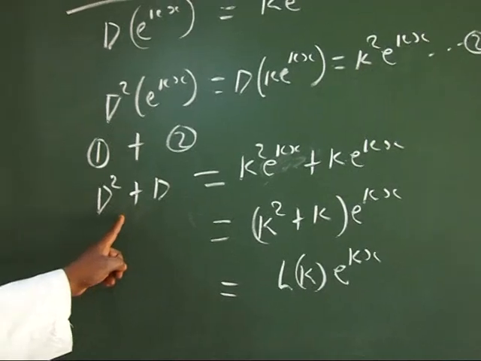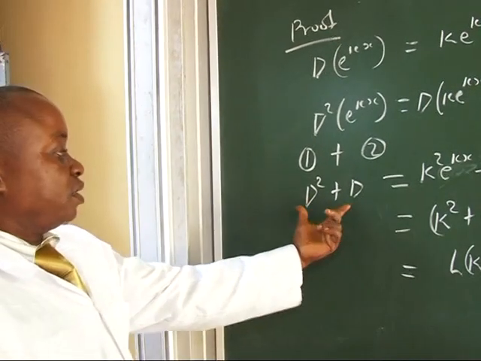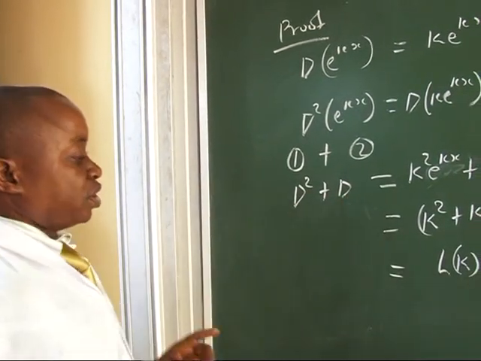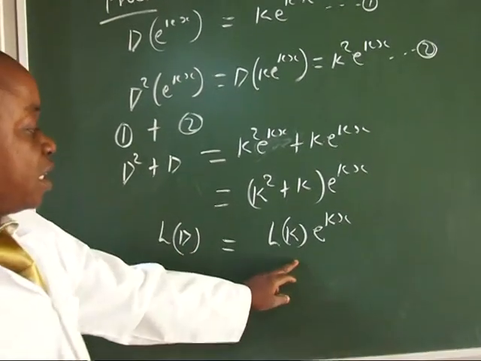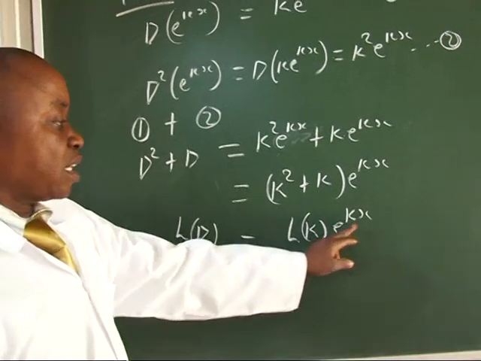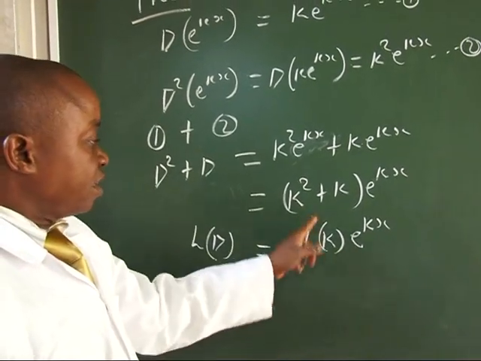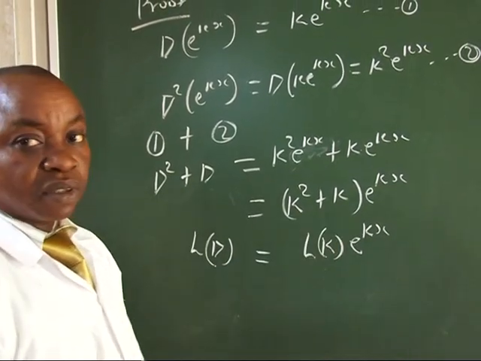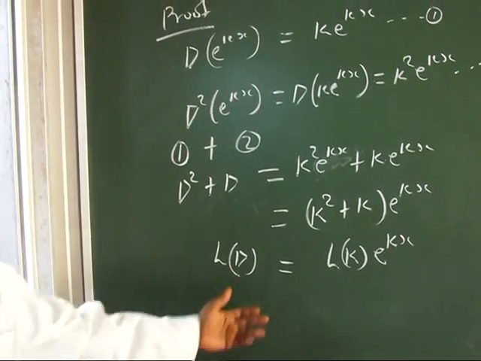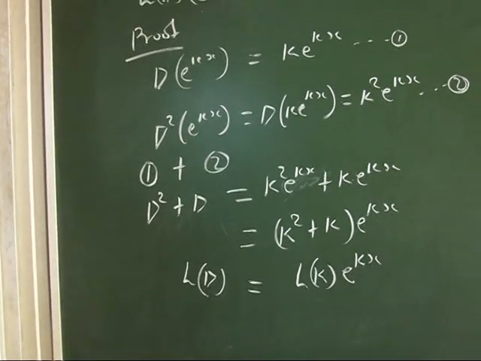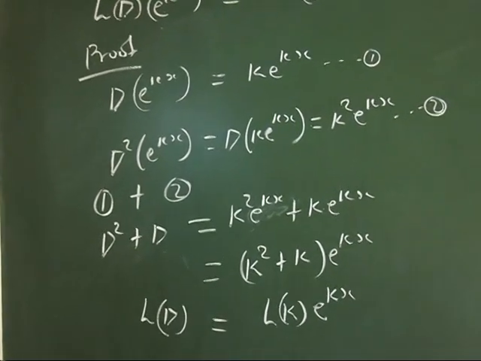Now, if L(D) denotes d squared plus d, then we can say that L(D) exponential kx will be equal to L(k) exponential kx, where L(k) is k squared plus k. Alright, now let's see how this theorem will help us to evaluate some functions.